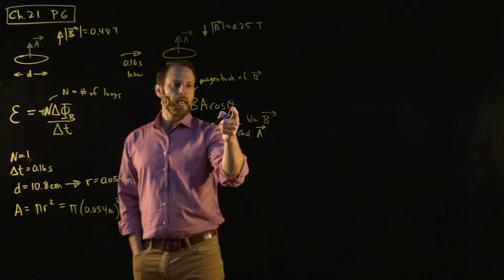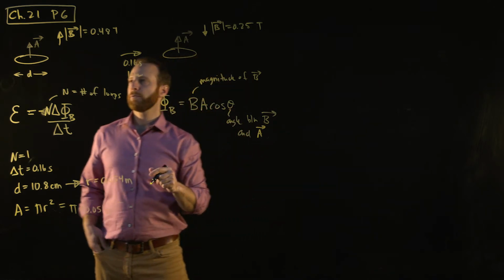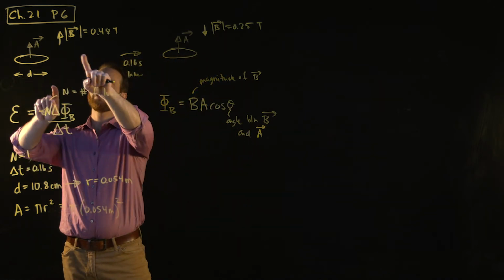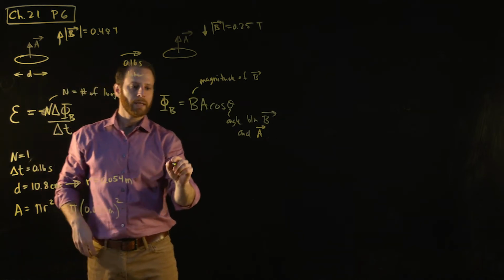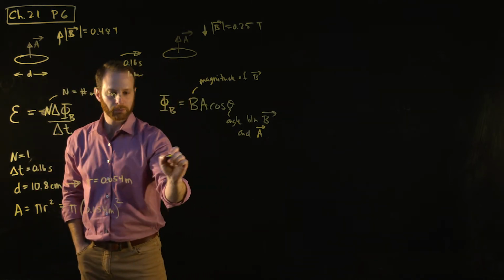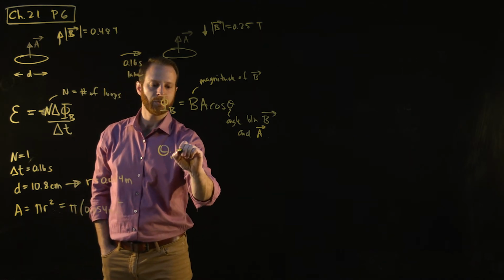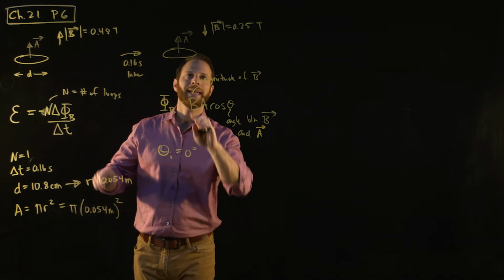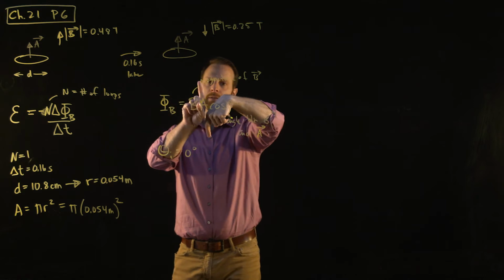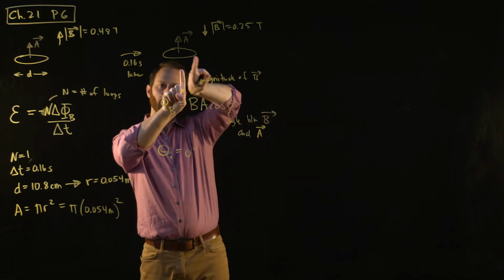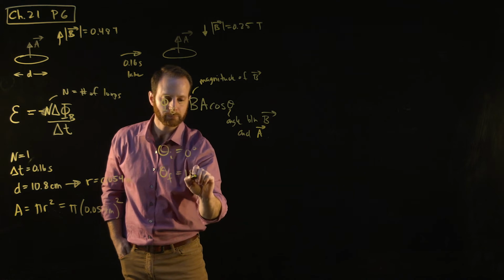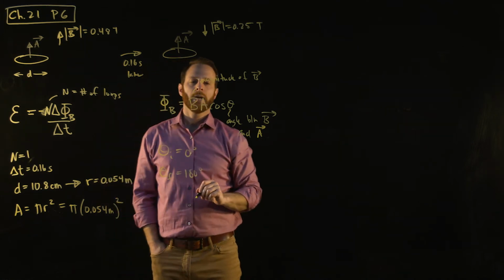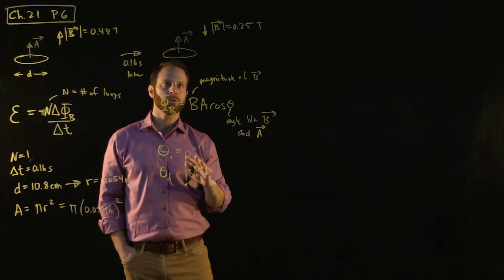The angle theta, so in fact if we look at what's going on, at first the magnetic field is completely aligned with the area vector, and so I'll write theta initial is 0 degrees. In the end the magnetic field is pointing down, and so in the end the angle there is 180 degrees, theta final. The area is the same. The magnetic field strength is changing.